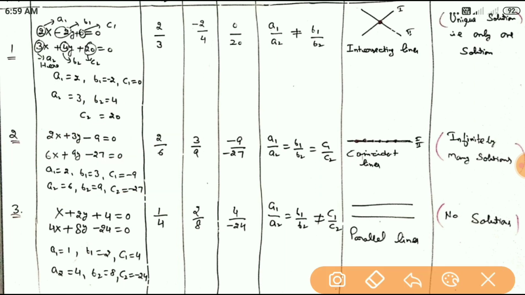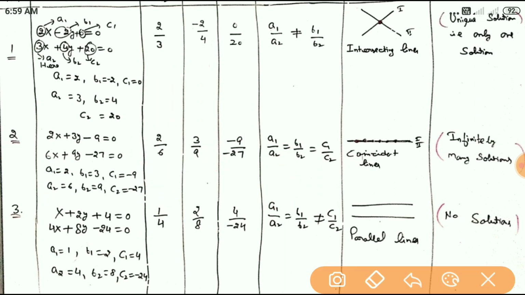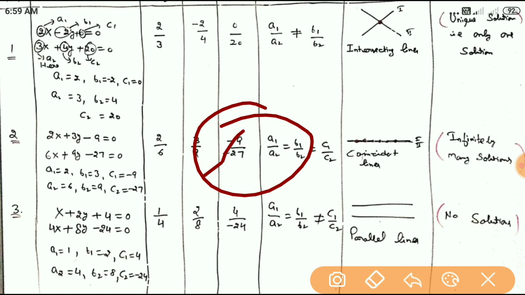The ratio A1 by A2 is 2 by 6, that is 1 by 3. The second, B1 by B2, is 3 by 9, that is 1 by 3. The third, C1 by C2, is minus 9 over minus 27, negatives cancel, and that is 1 by 3. After cutting, all these are equal, that is 1 by 3. That is, all three ratios are equal.